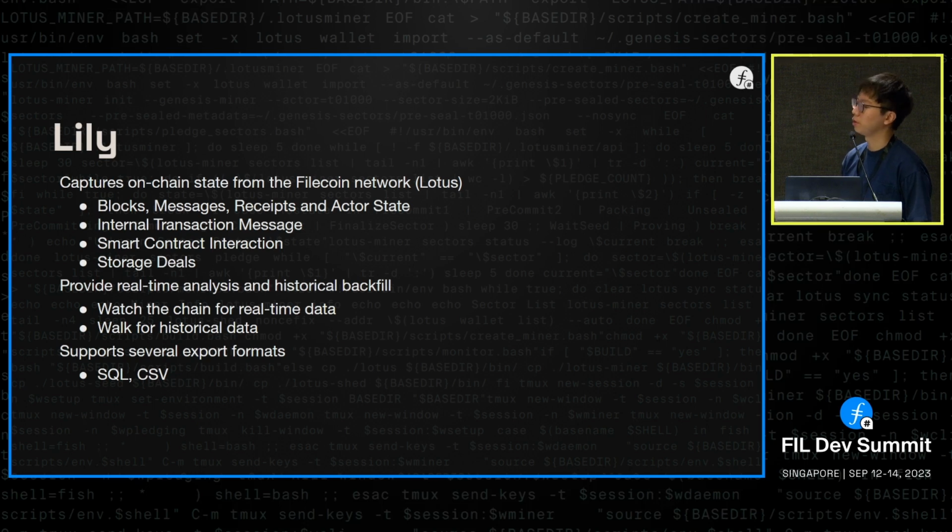Moreover, Lily can also get crucial data like internal transaction messages, smart contract interactions, and storage deals. Lily provides real-time analysis and historical backfill abilities. It can watch the chain for real-time data, and can also work on historical data. And Lily supports several export formats such as SQL and CSV.